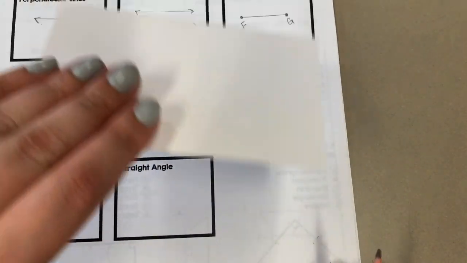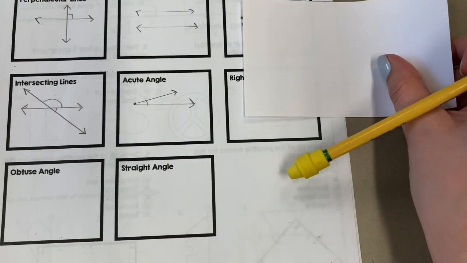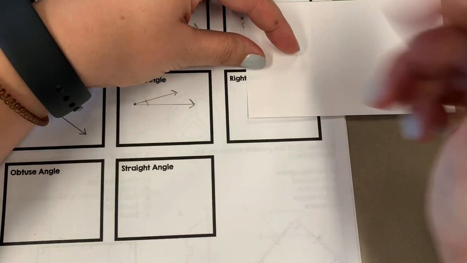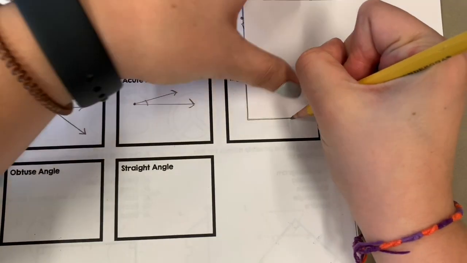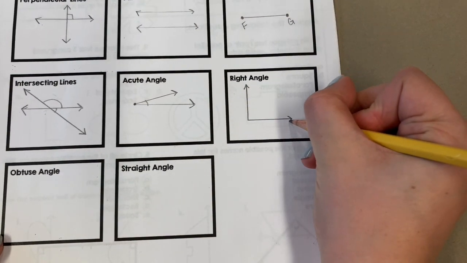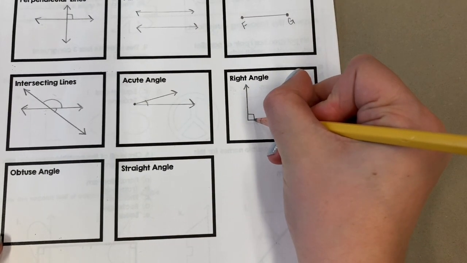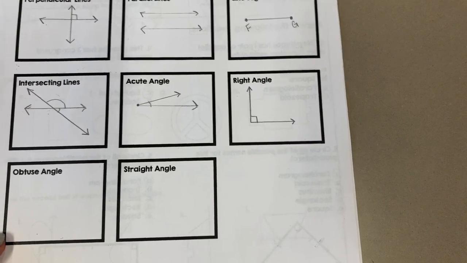A right angle is 90 degrees, just like the corner of paper. So I'm going to draw my right angle by tracing the corner of my index card. Don't forget, you have to have your arrows. And there is my symbol to show that it is a right angle that is 90 degrees.